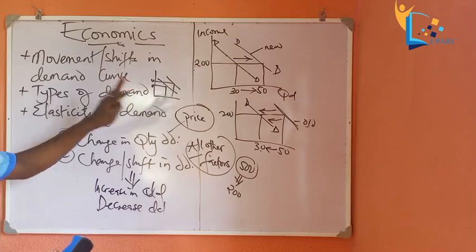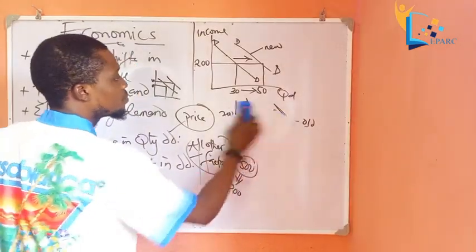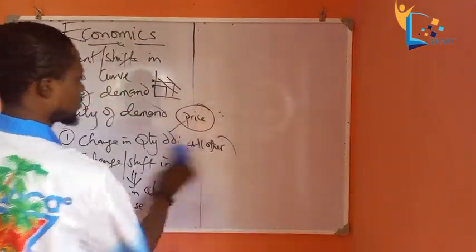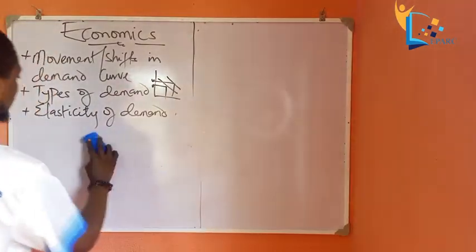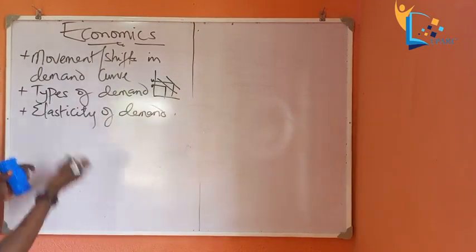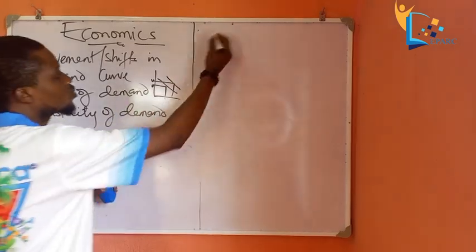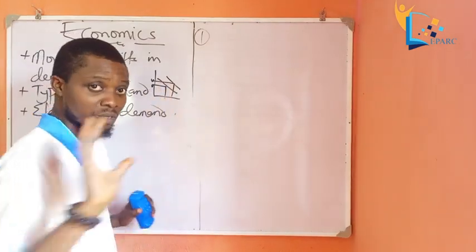All right, so that's that about movement or shift in demand. Are we together? So now, next we're going to be looking at the types of demand, okay? So there are 4 basic types of demand, fundamental types of demand.